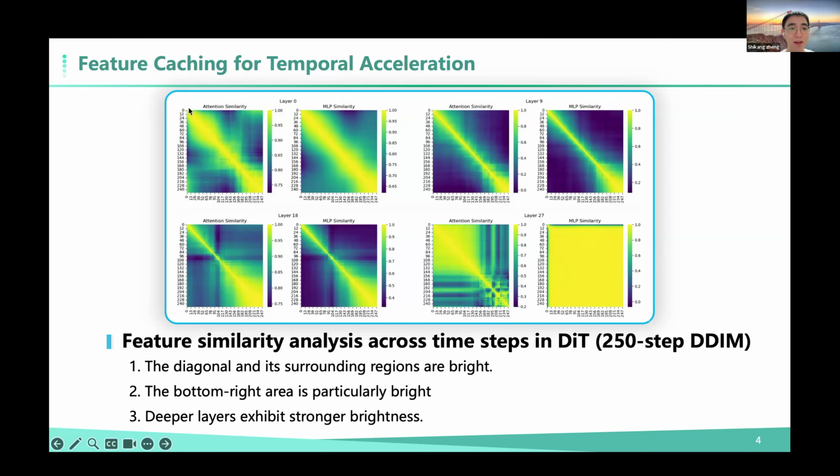For example, the diagonal and its surrounding regions are pretty bright, which means adjacent time steps share pretty high similarities. Also, as the layers go deeper, the similarities become more and more obvious, which means there is a lot of space to do acceleration and compression.